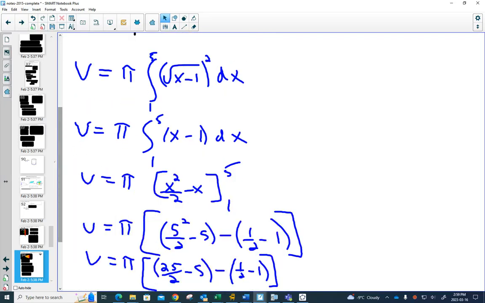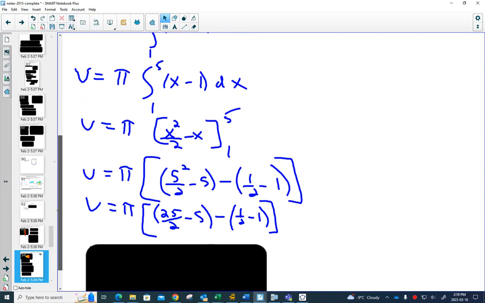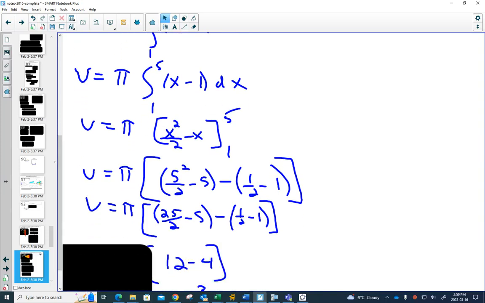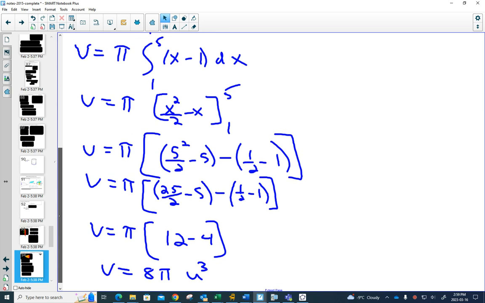That's an easy integral because it'll be x squared over 2 minus x. I'm sure you don't have to write down the numbers. It's equal to 8 pi. Super cool.